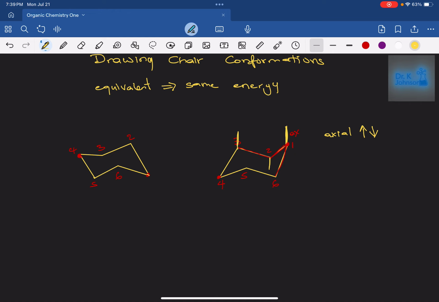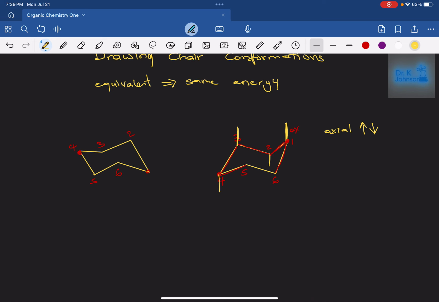So your axial bond here points up. This one, the two lines going towards carbon number 4 meet pointing down. So your axial bond here points down, right? Two lines at 5 meet pointing up. At 6, the two lines meet pointing down. So all the bonds that you see right now, they're axial bonds.